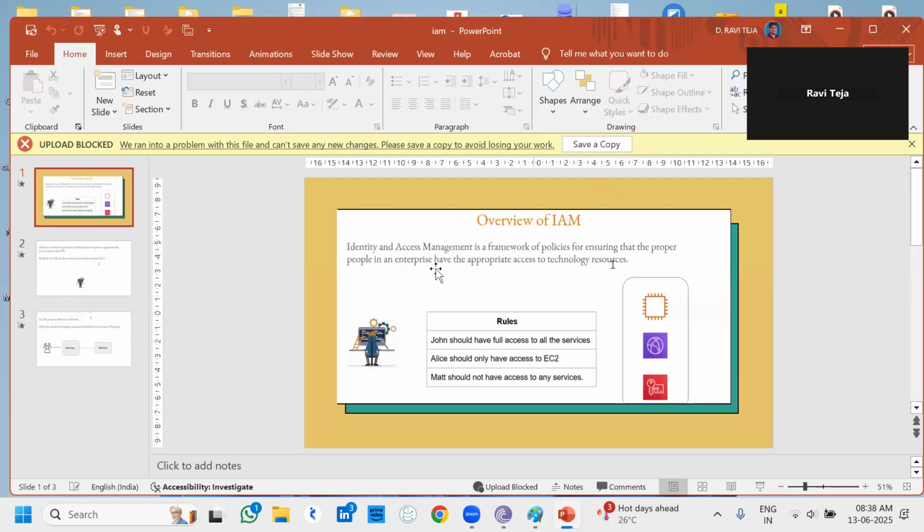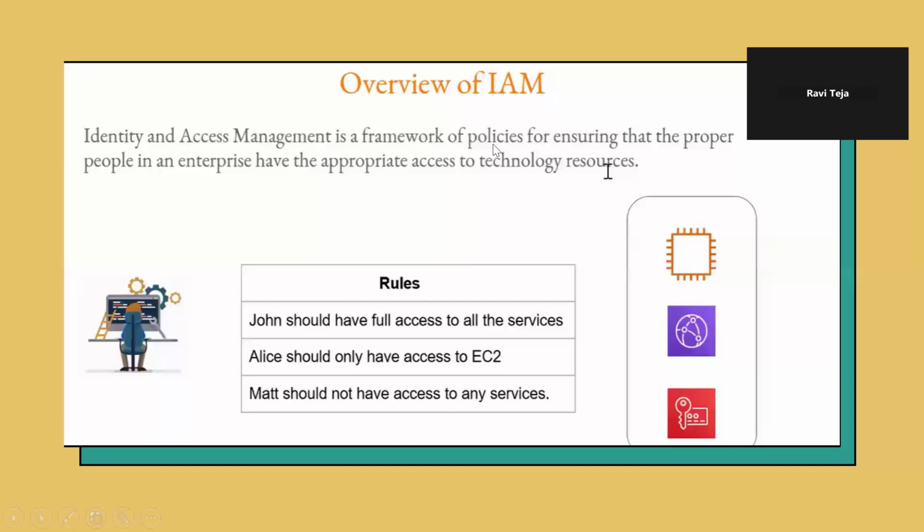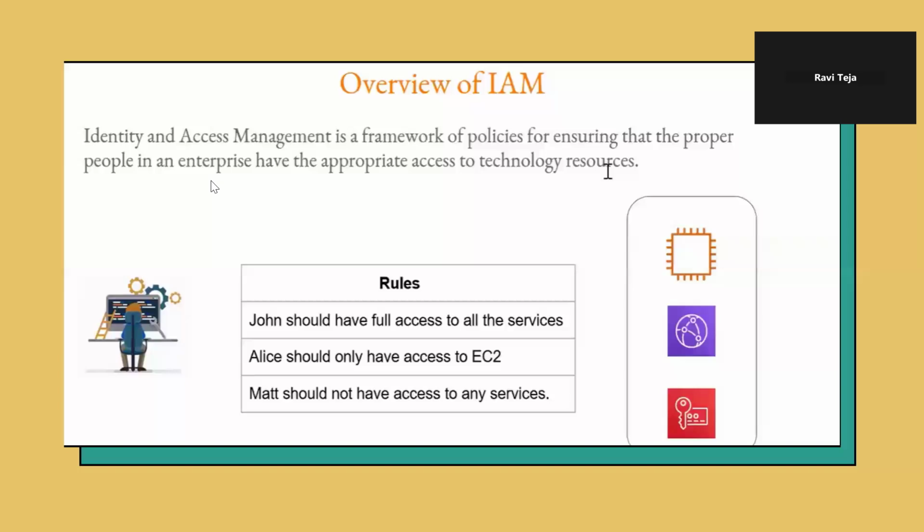Here you can clearly observe that identity access management is a framework of policies for ensuring that the proper people in your enterprise have the appropriate access to technology resources.